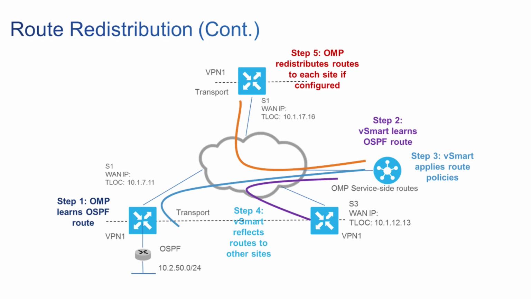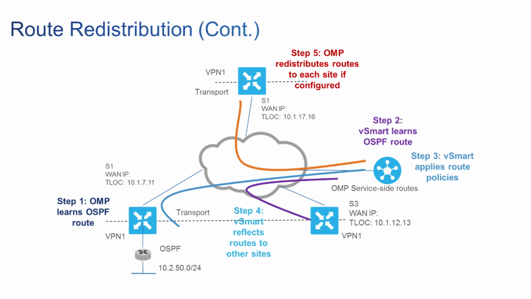And then if we want to, we can explicitly configure OMP to redistribute those routes back into the site local routing protocol if we need to do that. That again doesn't happen automatically, but it is something that we can configure if we want it.